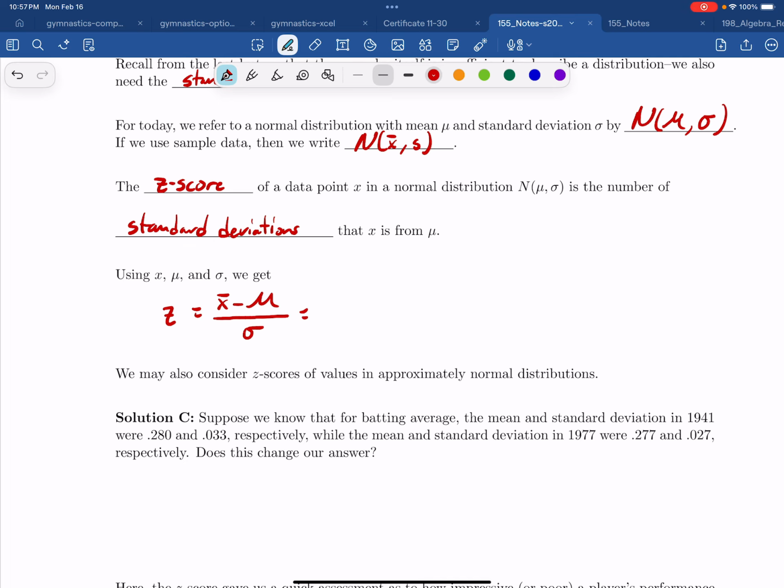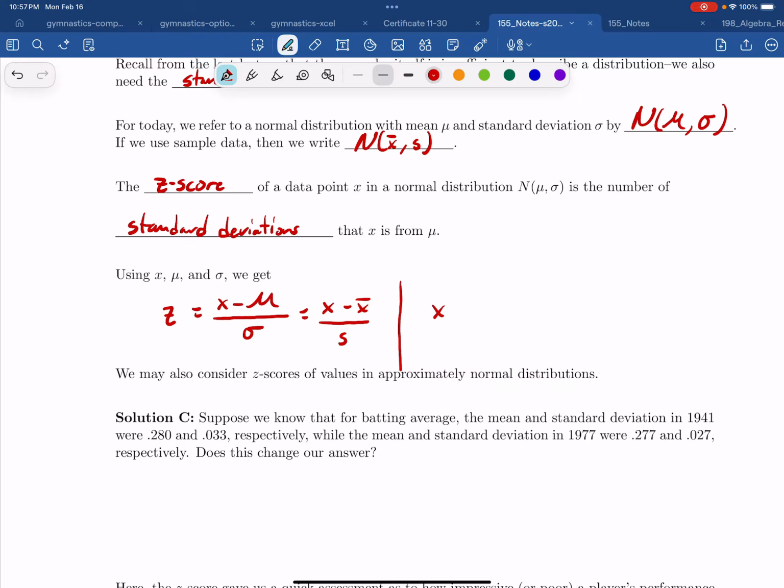And if you're using sample data, this is not x bar, so that's just raw score x. If you're using sample data, it's going to be x minus x bar all over s. Sorry, x is our data point, right? Anyway, there might be a time where we want to solve for x in terms of z.